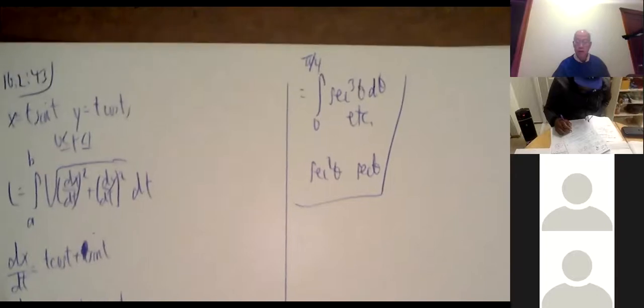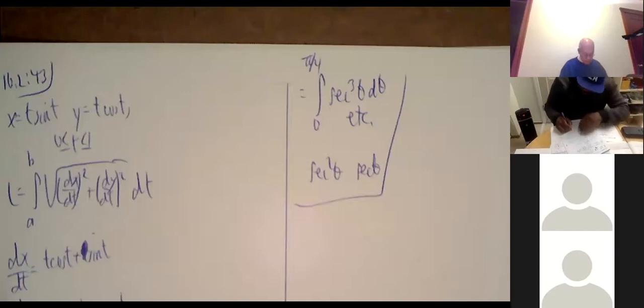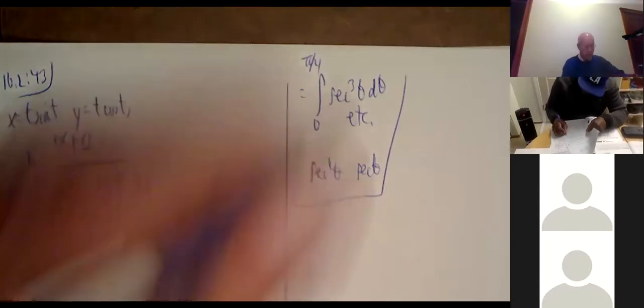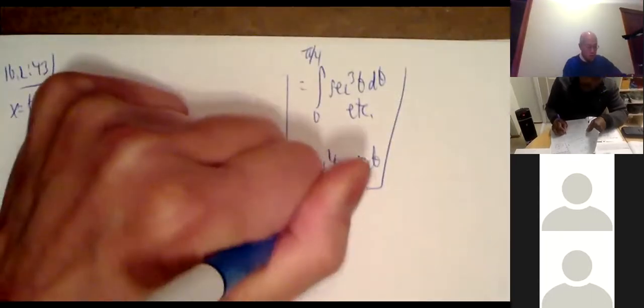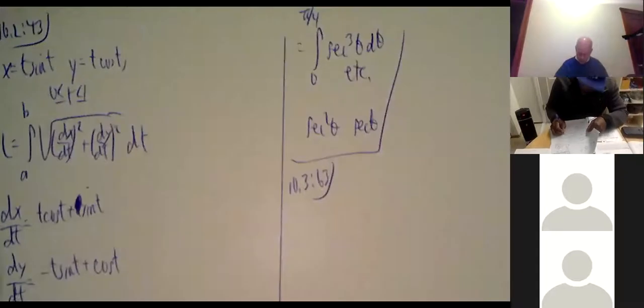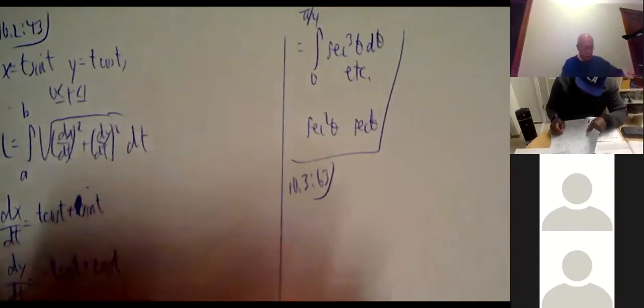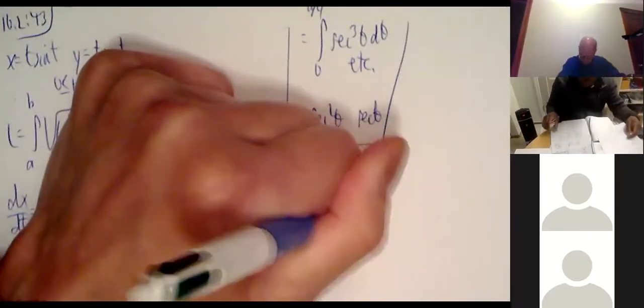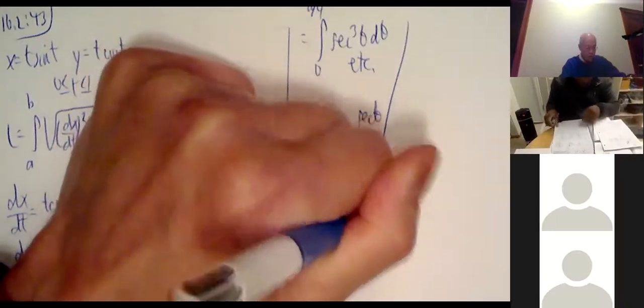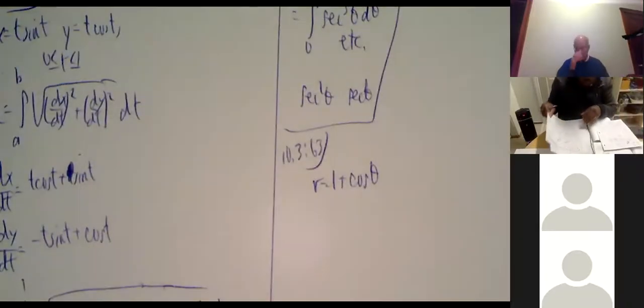Okay, 10.3, problem 63. I'm not sure how much I want to do with that because I think I did that before. r equals 1 plus cosine theta.